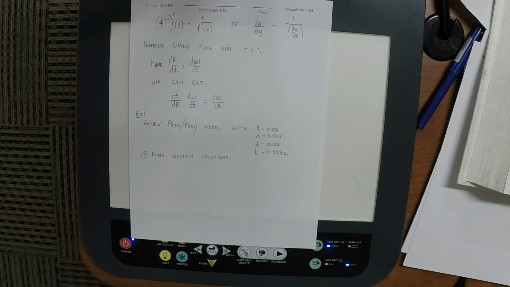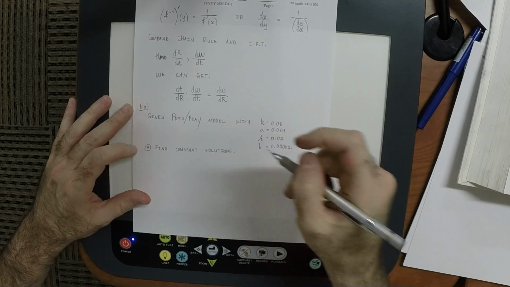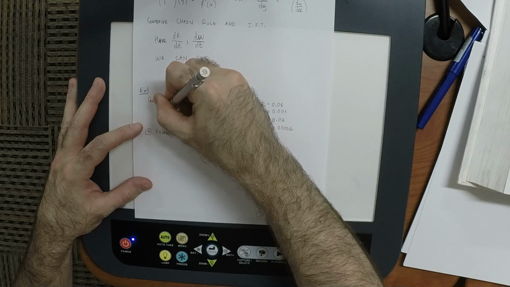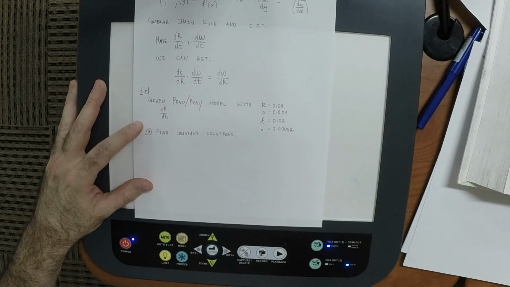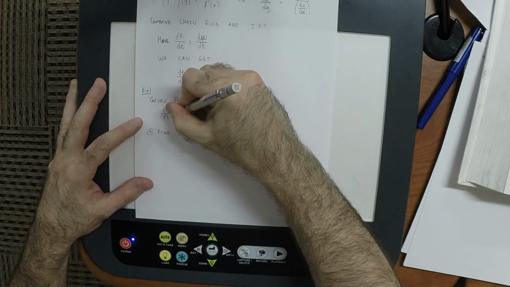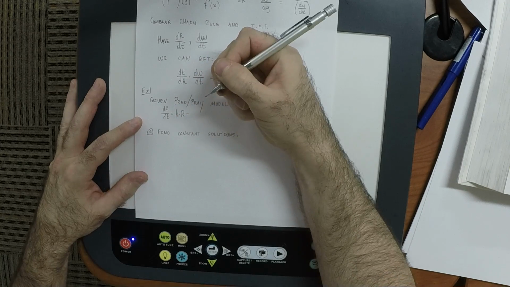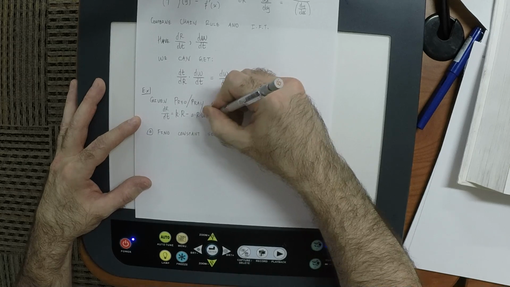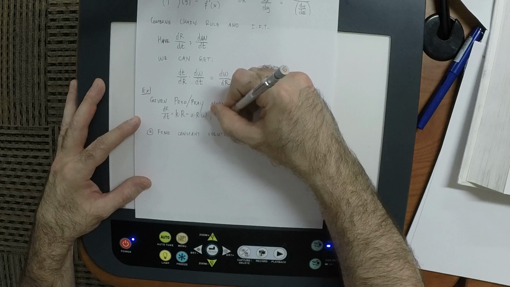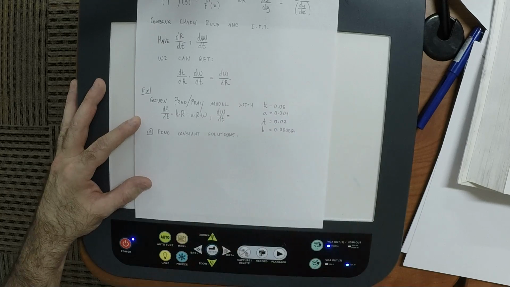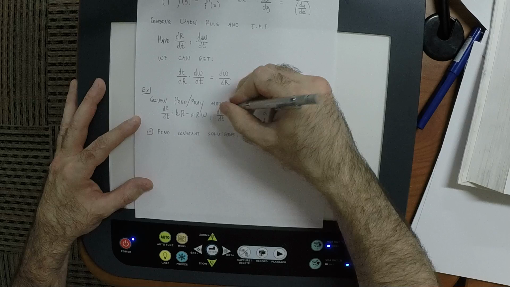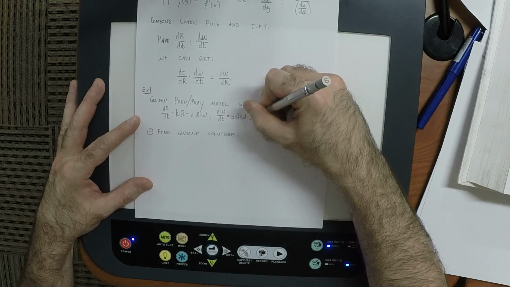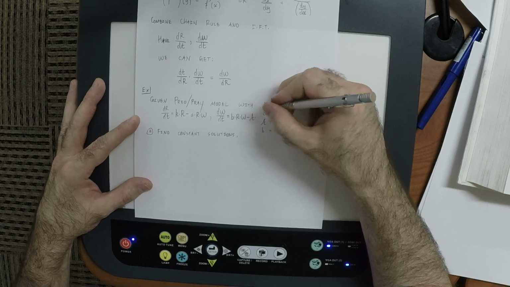Right. So let's calculate it out. Copying down the model from the previous page, it was dR/dt is kR minus aRW, and dW/dt is bRW minus rW.